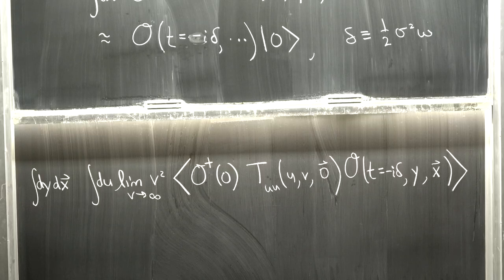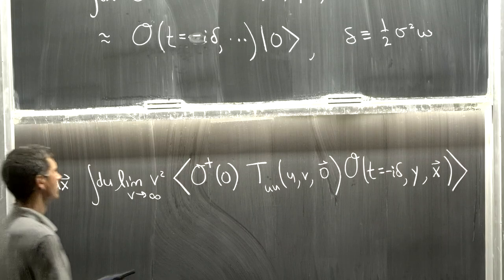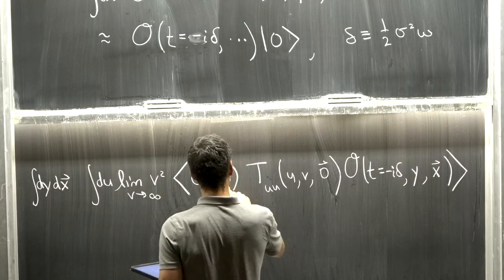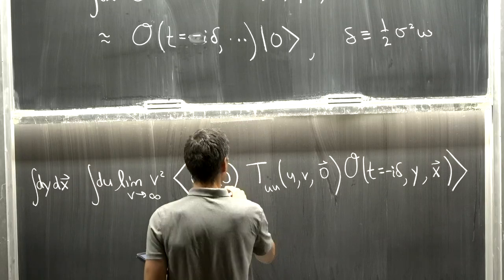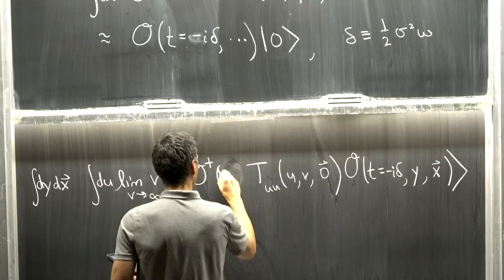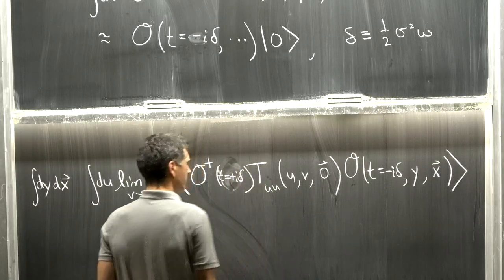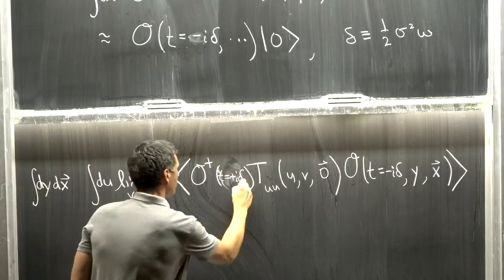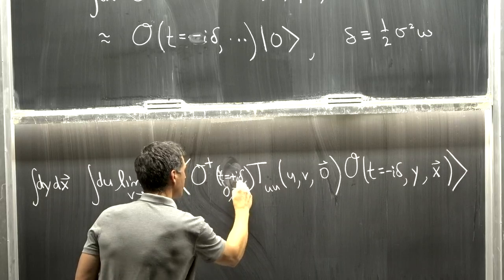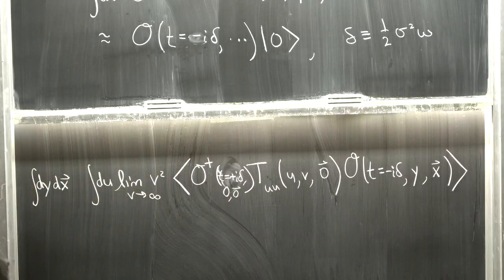You have three operators, and at some point the left operator is going to be light from the stress tensor. So presumably we want it at minus i delta, 0, plus i delta. Good. Yeah, sorry. The point was that we should have put this one at plus i delta, and that's correct. So this one, I'm going to put at plus i delta. We don't have to smear the other things.